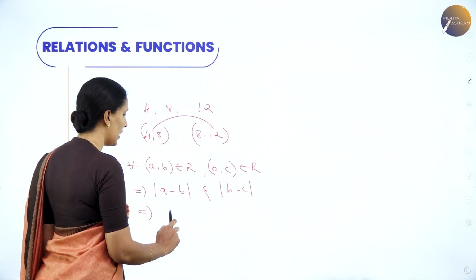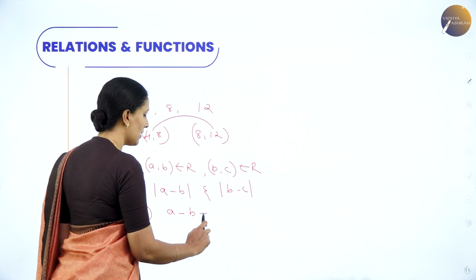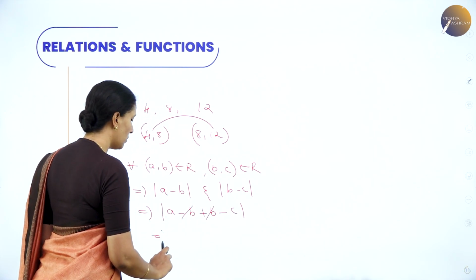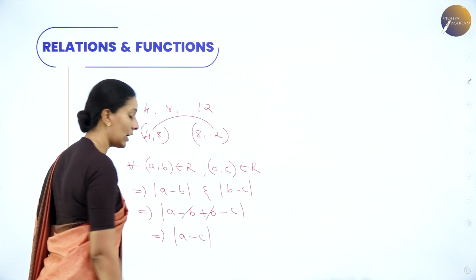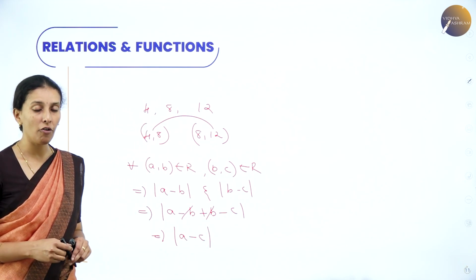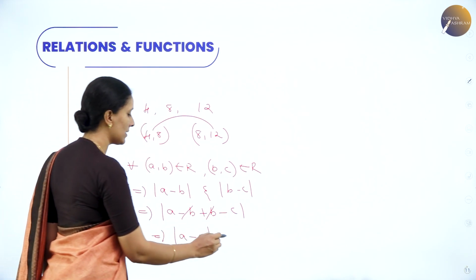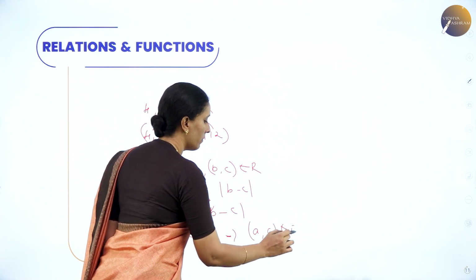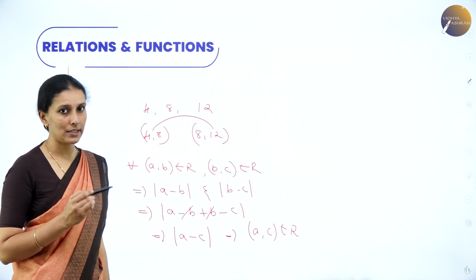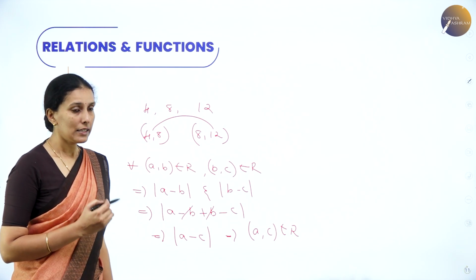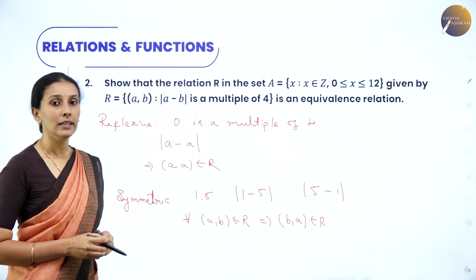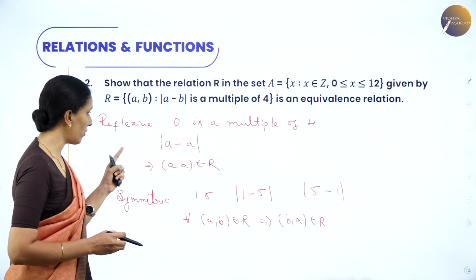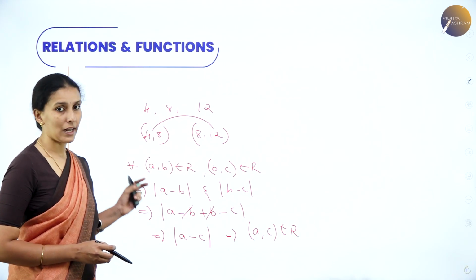Then a minus b plus b minus c under the modulus will give you modulus a minus c, which will be a multiple of 4. Which implies (a, c) belongs to R, satisfying the transitive relation. Hence, this relation is an equivalence relation because it satisfies the conditions of reflexive, symmetric as well as transitive.